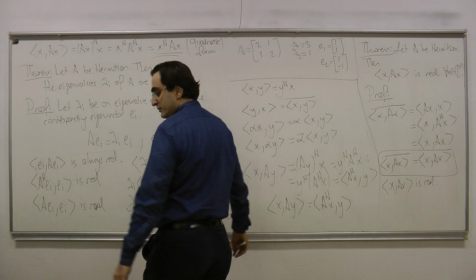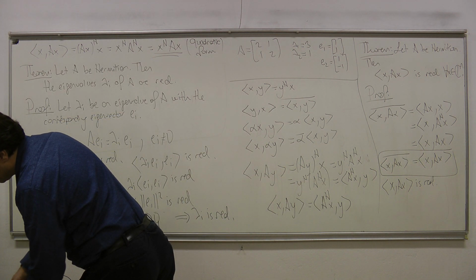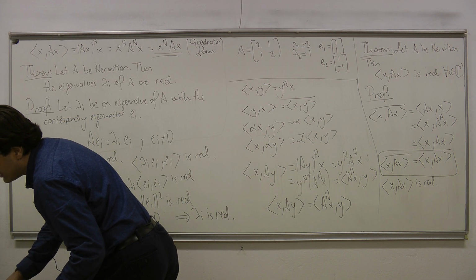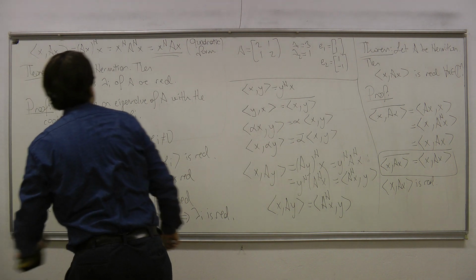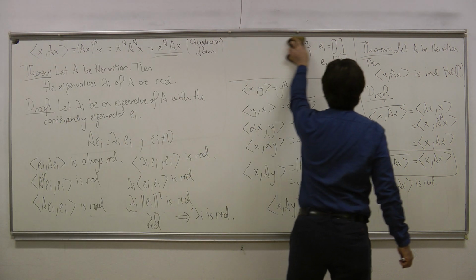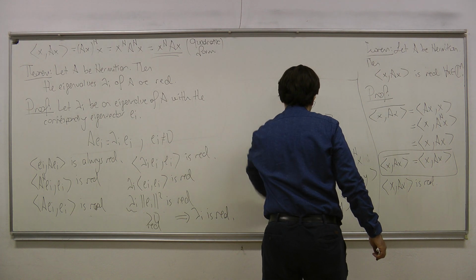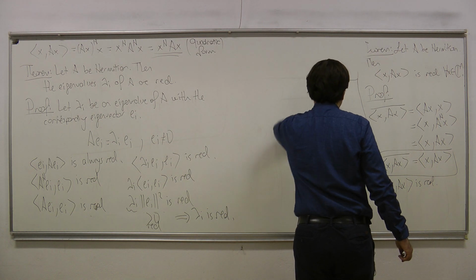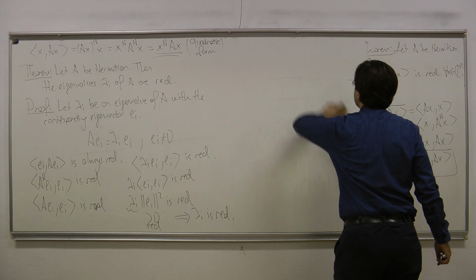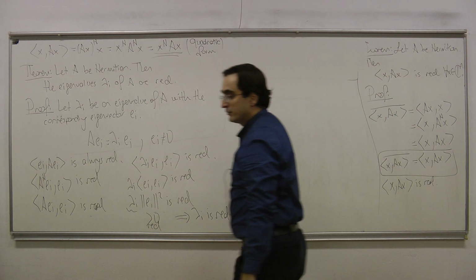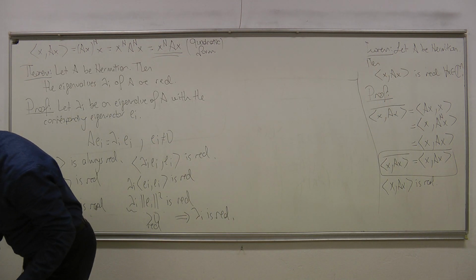You can check the argumentation in that proof as well. So now we know that any eigenvalue of a Hermitian matrix is actually a real quantity. There cannot be complex eigenvalues of Hermitian matrices.